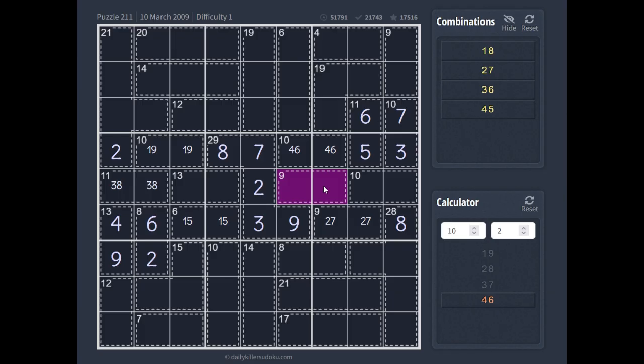This 9, this 10, 2, 7, 8, 2, 7. Got the 2, got the 8, got the 3.